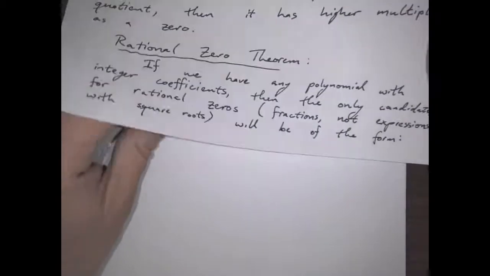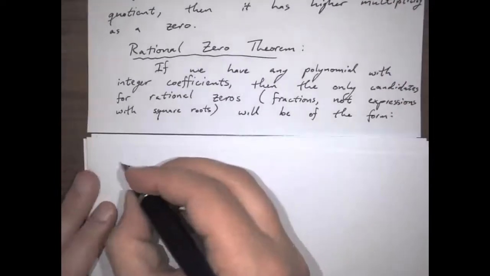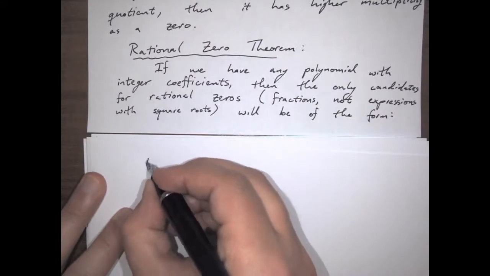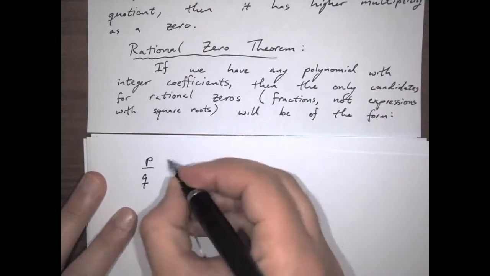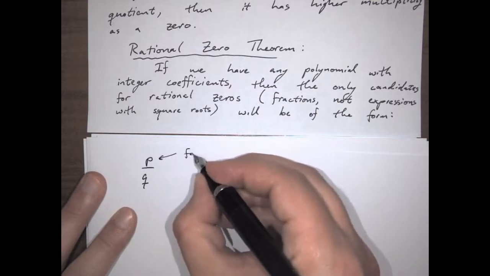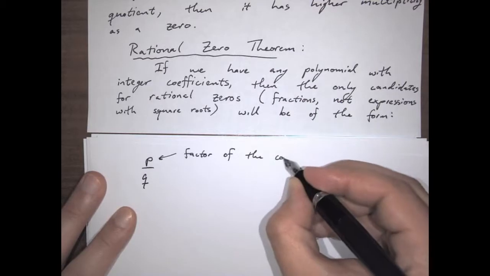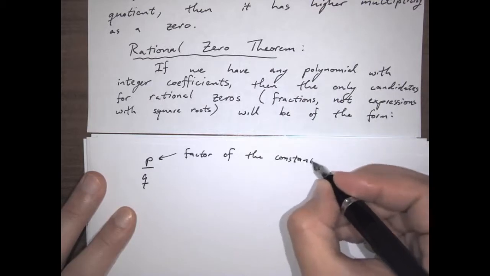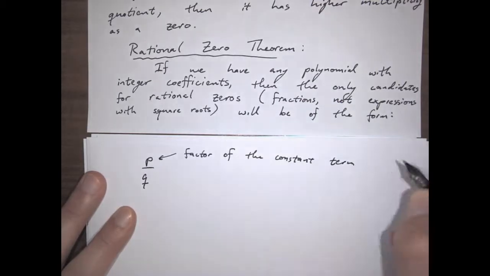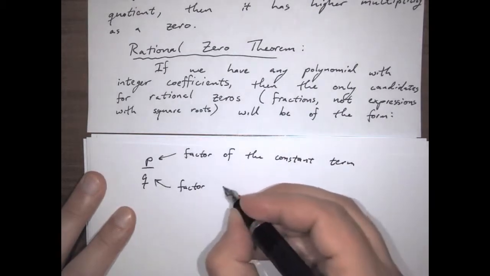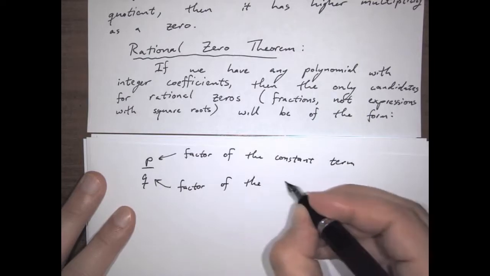So it's going to be a fraction p over q, where p is a factor of the constant term, and q is a factor of the leading coefficient.